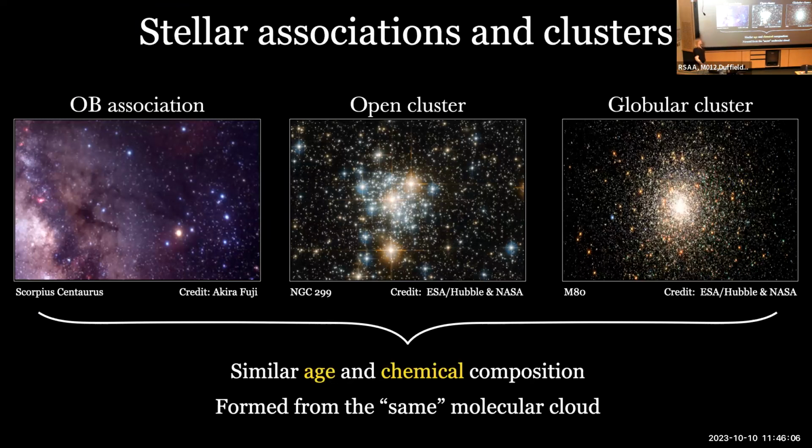The similarity between them is that these stars all form from the same molecular cloud, so they're expected to have similar ages and chemical composition. That's super important when we do the asteroseismic modeling, because it means age and chemical composition are something we can limit and not include in the modeling. So those are very important constraints to be able to include.